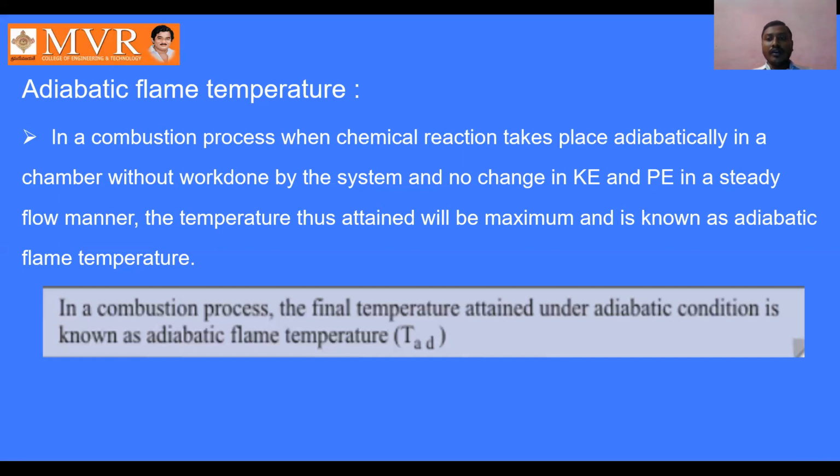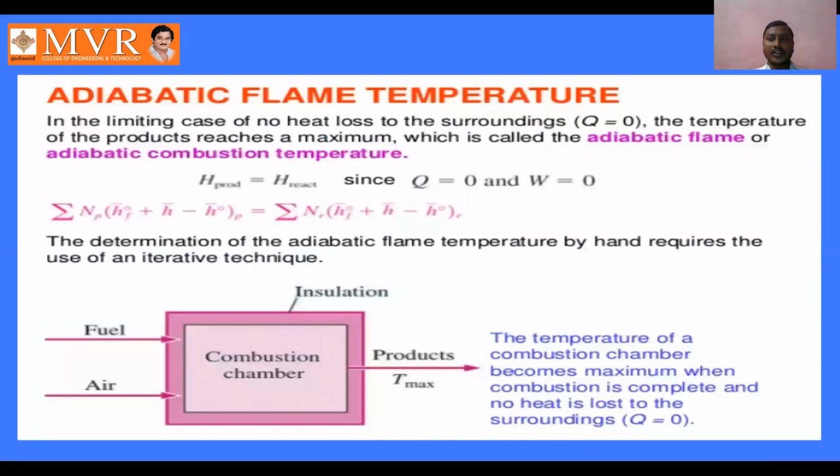Adiabatic means heat cannot transfer from the atmosphere to the system or from the system to the atmosphere.